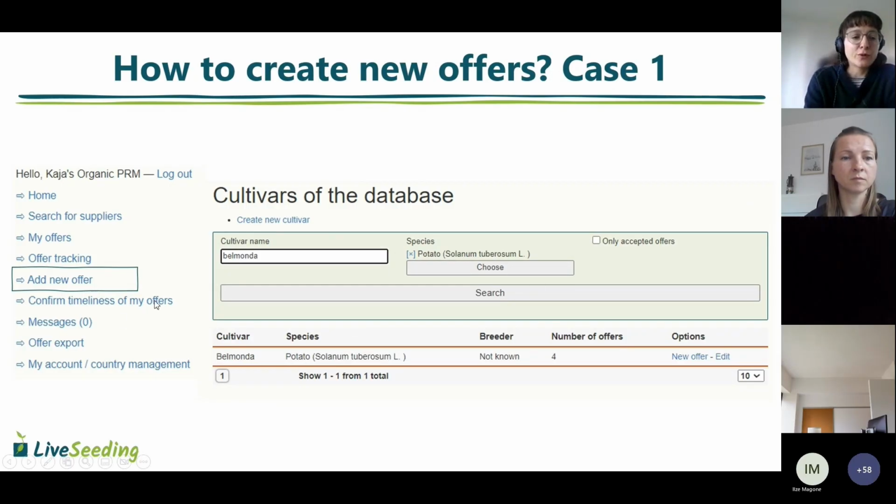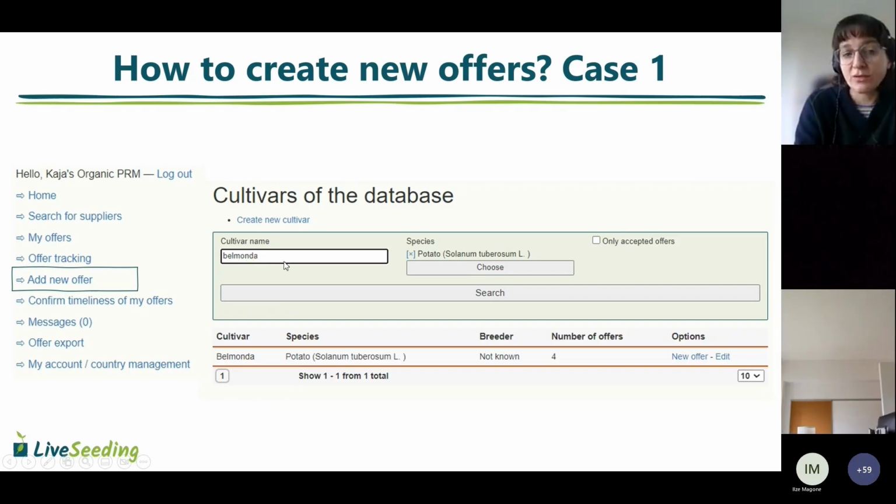If you click on Add New Offer, you will find the cultivar catalog. You will first search the cultivar catalog to see whether the cultivar that you want to offer already exists. So here I find the entry.